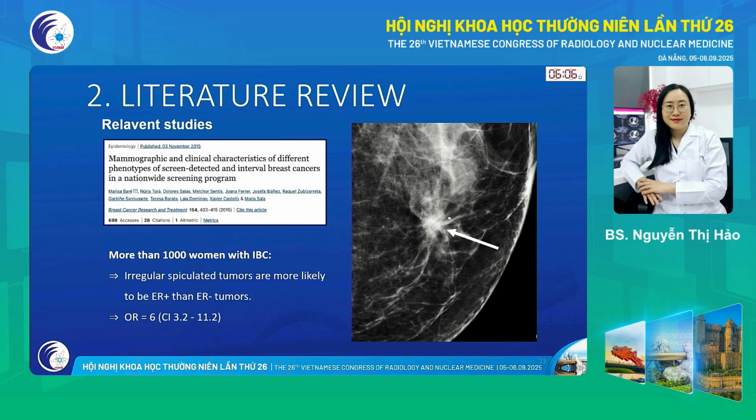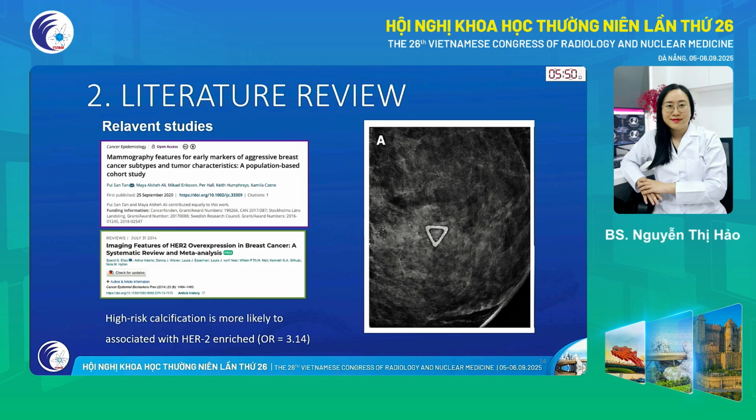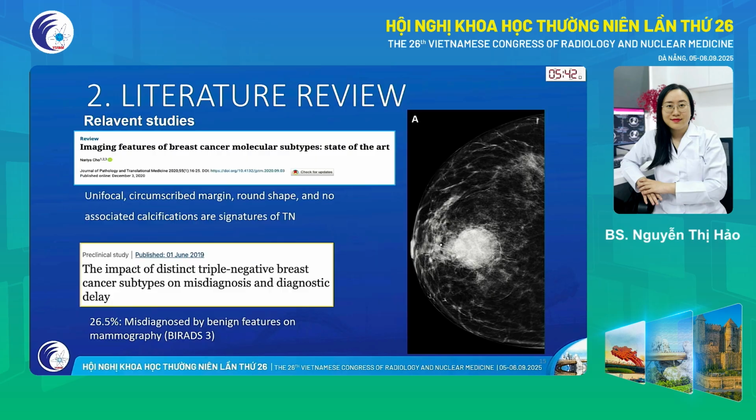In relevant studies in a nationwide screening program with more than 1,000 women with invasive breast cancer, irregular spiculated tumors were more likely to be estrogen receptor positive than estrogen receptor negative tumors, with an odds ratio of 6. Other studies show that high-risk calcification is more likely to be associated with HER2-enriched subtypes, with an odds ratio of 3.